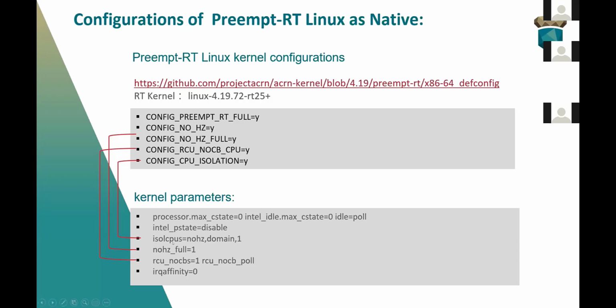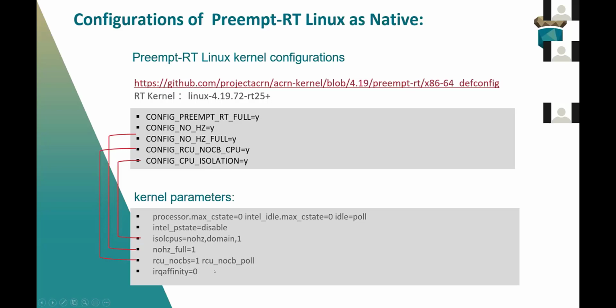This is for isolating CPUs. We isolate core 1 for the RT task, the RT core. This is for no_hz. This is for RCU callback. And the last one is for IRQ affinity. We set it to 0.